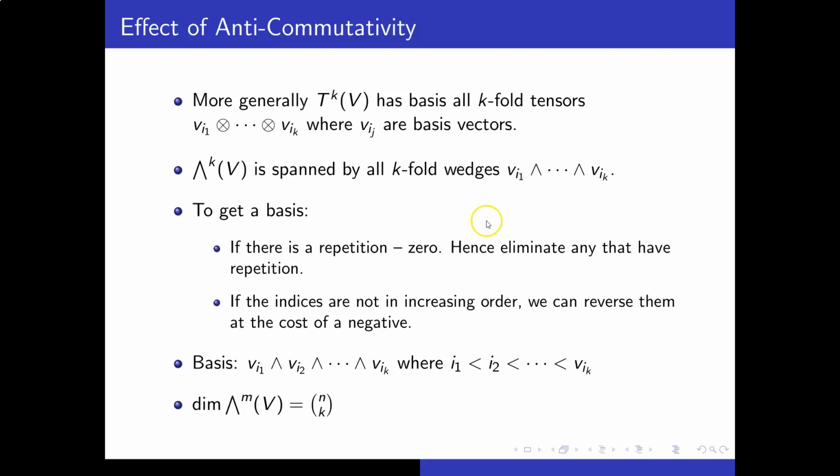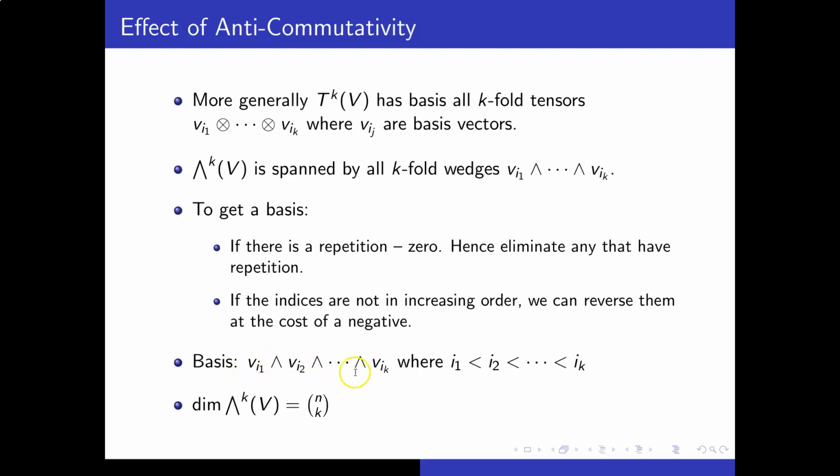So my basis is going to consist of all k-fold wedges where I can assume that the index of the basis vectors is strictly increasing. Again, that means to make one of these, I have to choose k distinct vectors from my basis. The number of ways to do that is simply n choose k, so the dimension of the k-fold exterior power is simply n choose k.